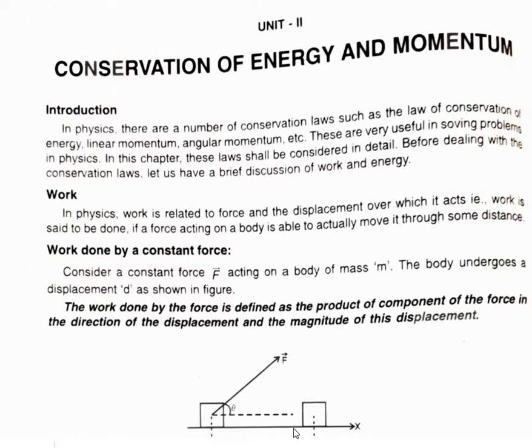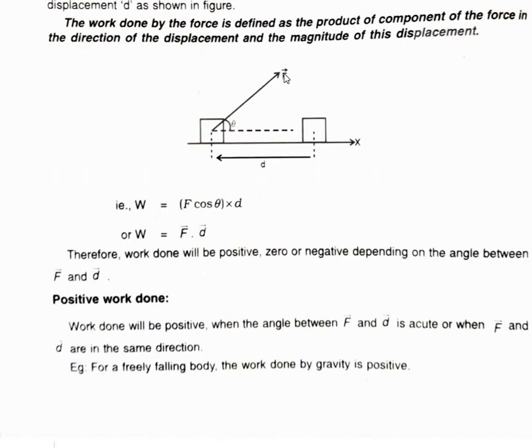Then the work done is given by the component of the force in the direction of the displacement times the displacement. So work is simply the product of force and displacement, where F is the force and D is the displacement.